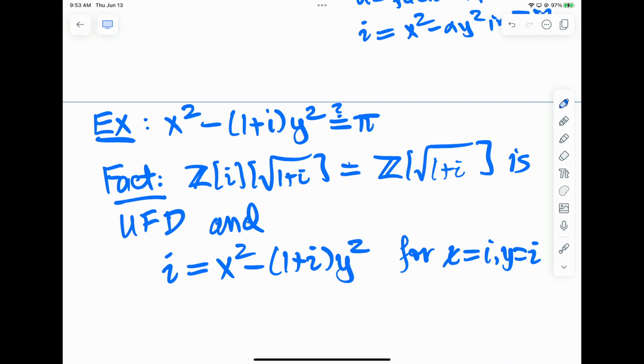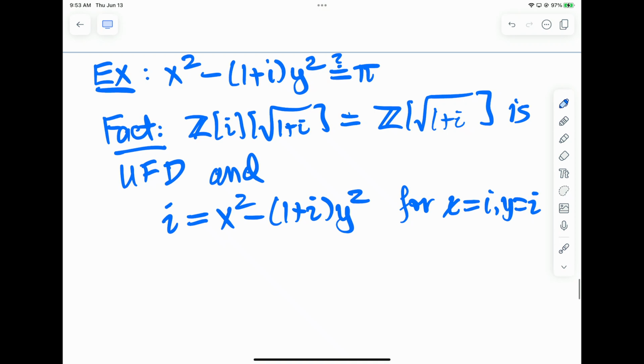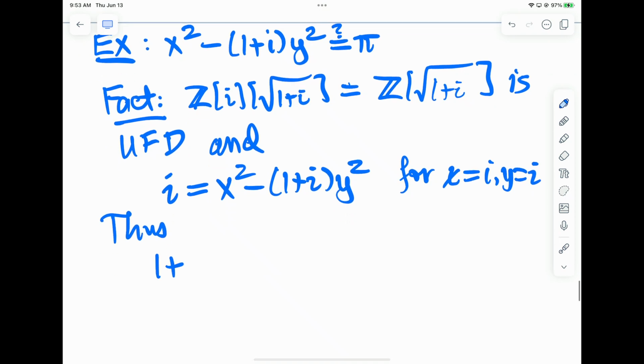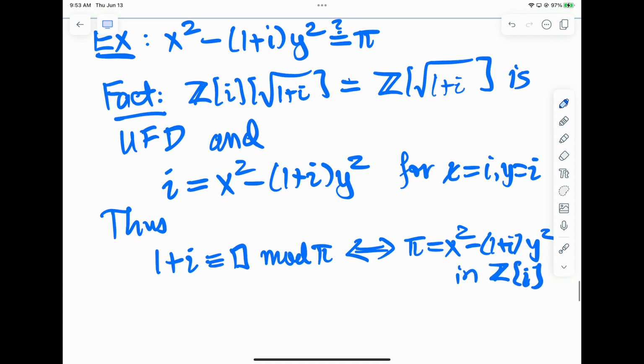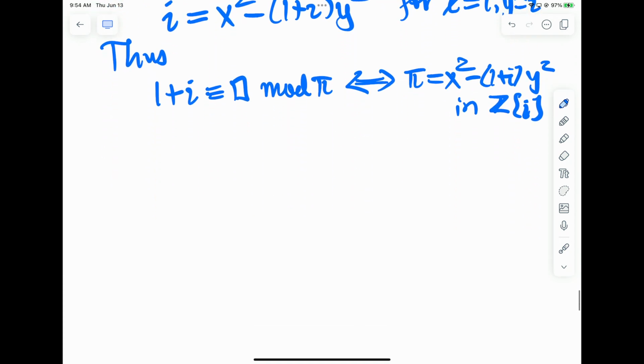So therefore, by the same method we discussed earlier for the integers, 1 plus i is a square mod pi if and only if pi can be written in this way in Z[i]. So the left-hand side is like the supplementary law for 2 being a square mod p. Is 1 plus i a square mod a prime?